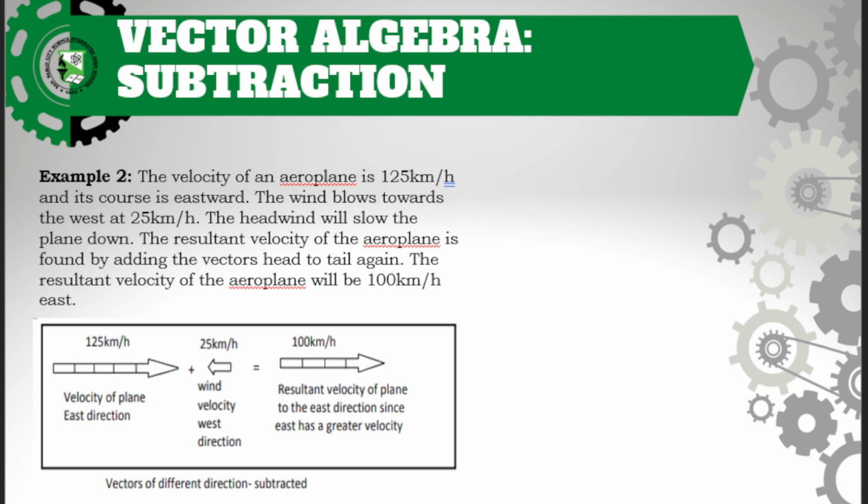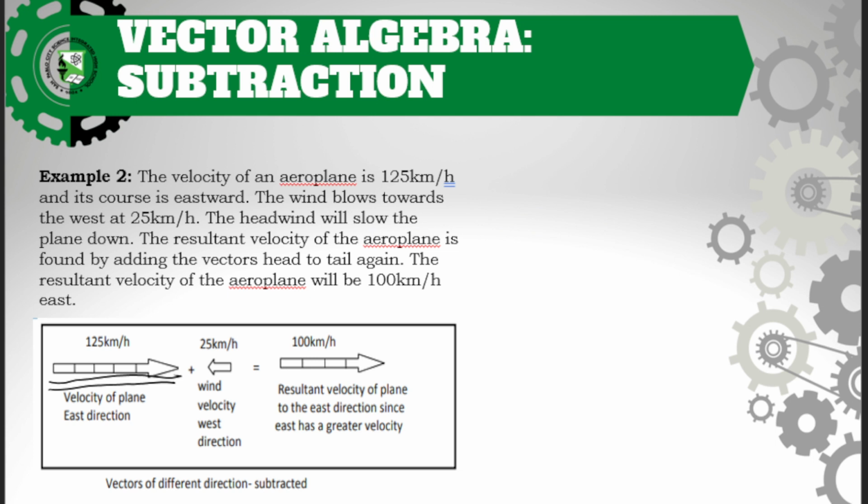So, the resultant velocity of the plane is to the east direction since it has the greater velocity. So, yung susundin natin lagi is yung direction with greater magnitude. Okay? So, for example, katulad nito, mas malaki si 125 in comparison to 25.